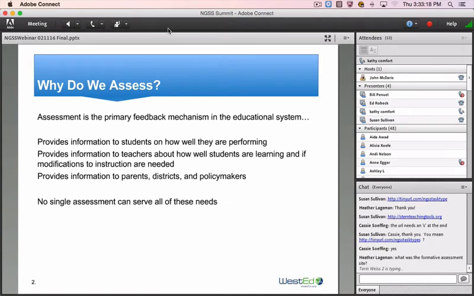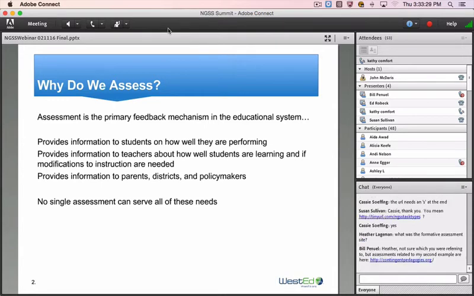As you know, assessment is the primary feedback mechanism in the educational system, and it provides information to students on how well they're performing, and information to teachers on how well they're teaching, and if they need to modify their instruction to help meet student learning. It also provides information to parents, districts, and policymakers. And as you know, there's no single assessment that can serve all of these needs.